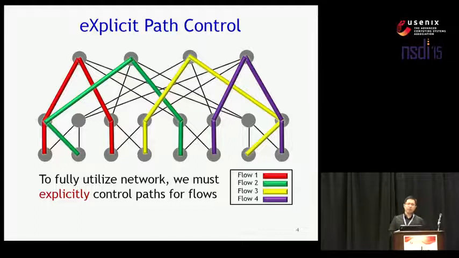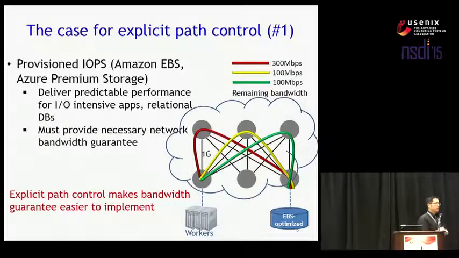Our first example is provisioned IOPS, which is a new feature recently launched by Amazon EBS and Microsoft Azure Premium Storage. The goal is to deliver predictable and high performance for IO intensive applications such as relational database services.